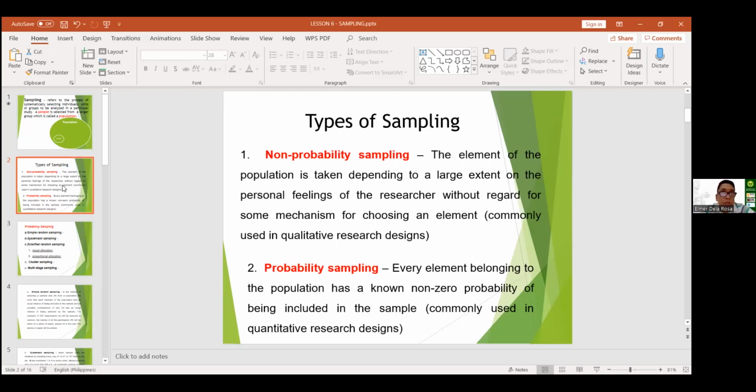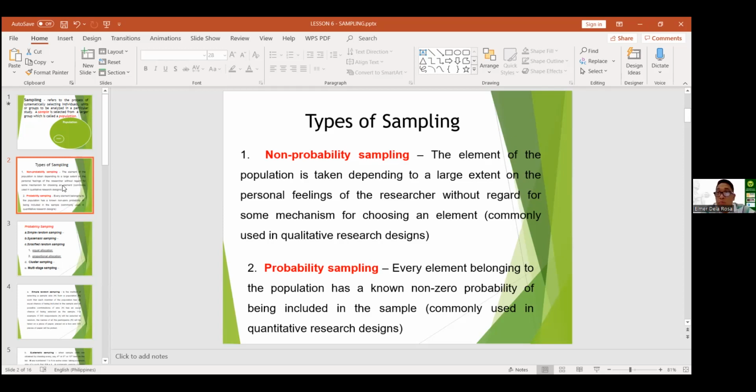For example, you are talking about lived experiences of abused gay men in the region. The criteria is based upon some characteristics, therefore that is non-probability sampling because there is some regard to personal feelings, subjectivity in terms of taking the samples, instead of doing some mechanism for choosing a participant.